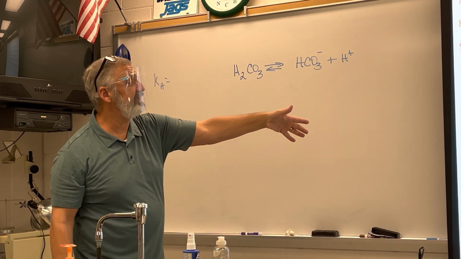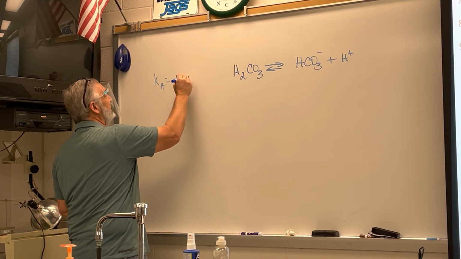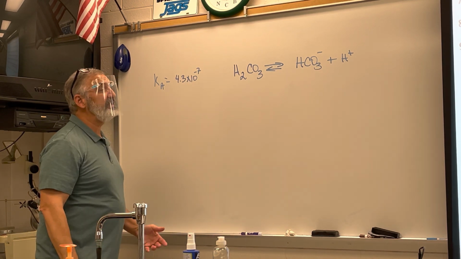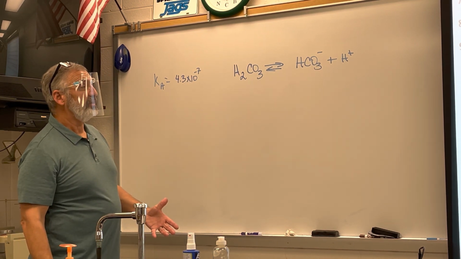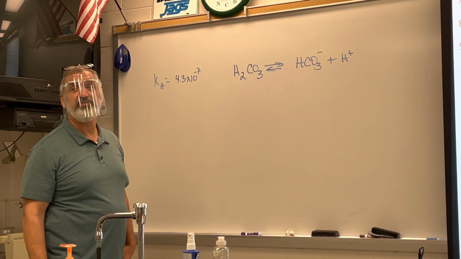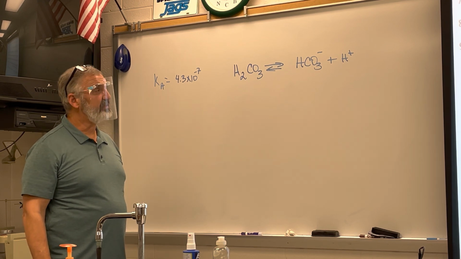It's the acid constant. How is the acid going to dissociate, or in this case, ionize? So the Ka is given as 4.3 times 10 to the minus 7. I need the ratio. The pH of 6.2, so what does that tell me? It's acidic.